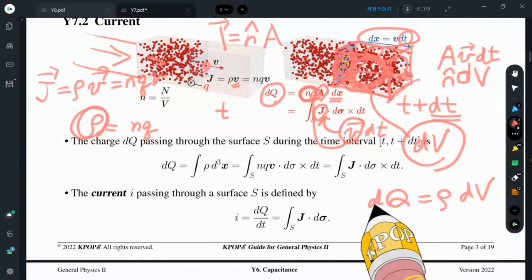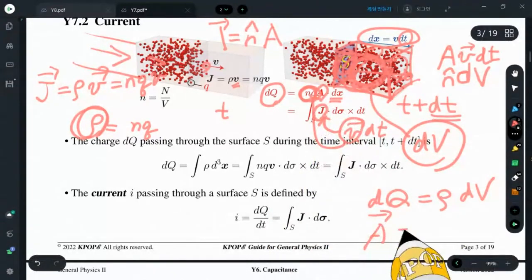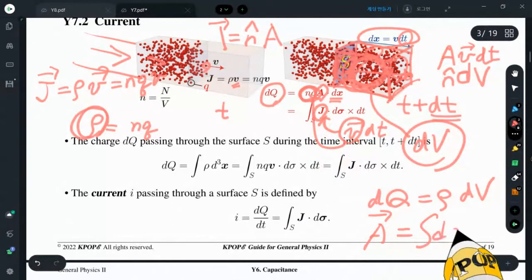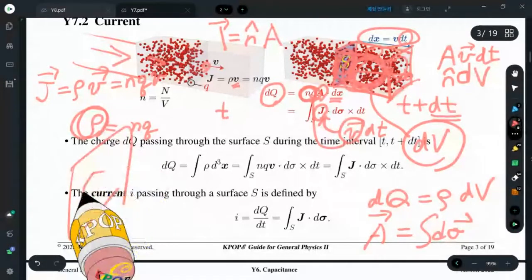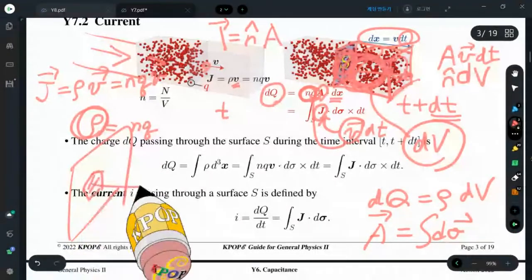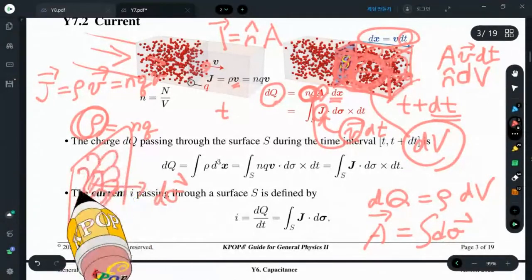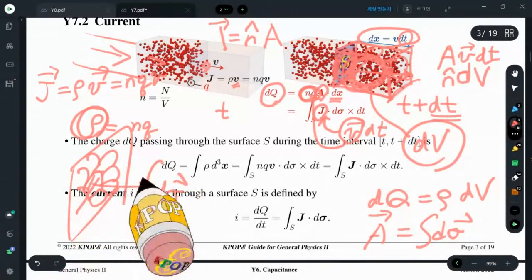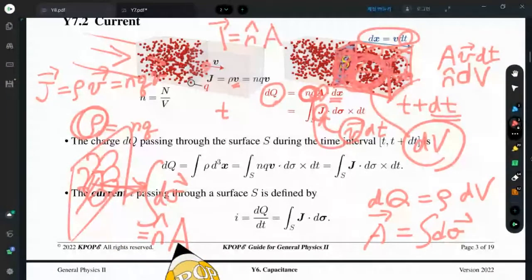If I combine them together, A is nothing but the integral of a differential area element. This is a small d sigma, and we add them up to find the integral, and this integral is nothing but the normal vector to this plane multiplied by the area.